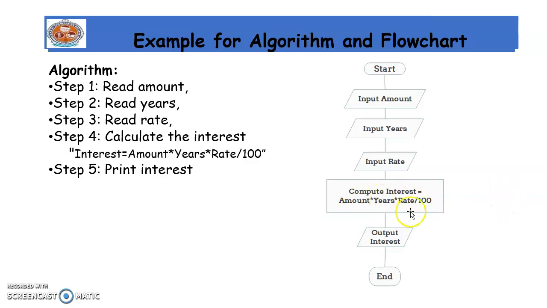The computations are to be represented by using a rectangle, and this is for printing the result, giving the result. This is also represented by using a parallelogram. So this is a simple algorithm which is used to calculate simple interest, and this is the flowchart for simple interest.